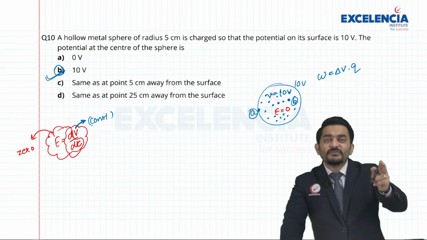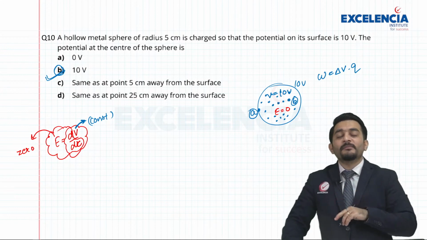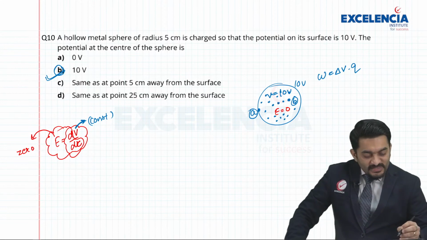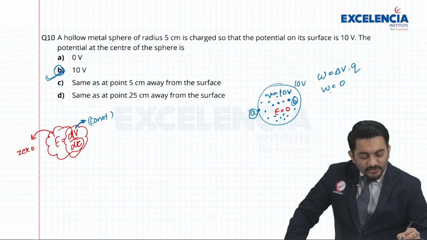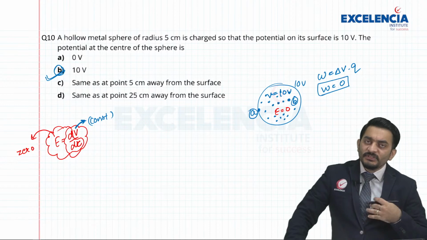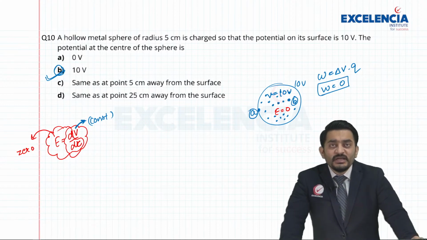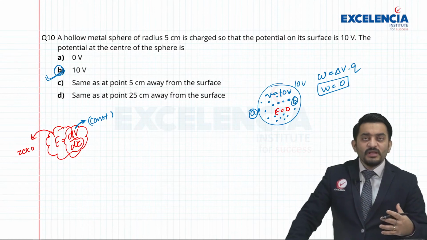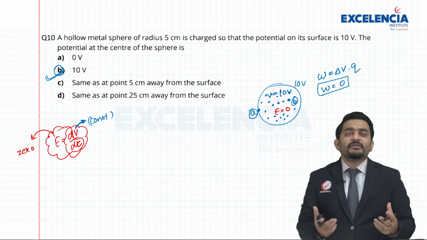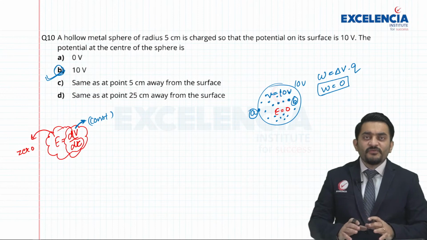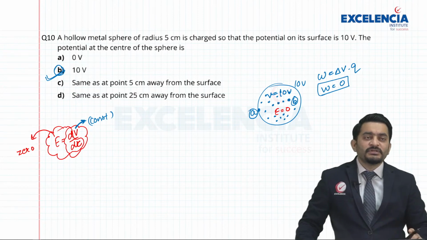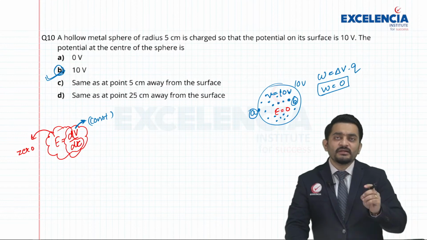The potential difference will not exist between A and B, because both have the same potential. So in that case also your work done is going to be 0. Remember this question: it can be asked for potential, it can also be asked for work done, but you should be able to relate with the concept. Once the concept is clear in your head, you can easily approach this question and get the correct answer.